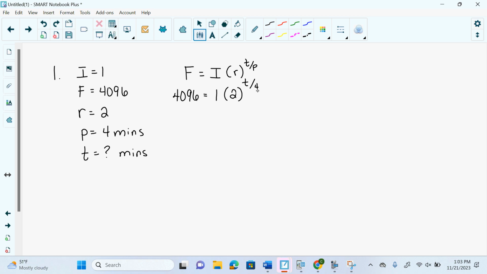That's a non-option. But I have 4 pieces of information. I have a 4096, a 1, a 2, and a T over 4. So what am I going to have to do? Divide over the 1. Does dividing by 1 do anything? No. So I get 4096 equals 2 to the T over 4.